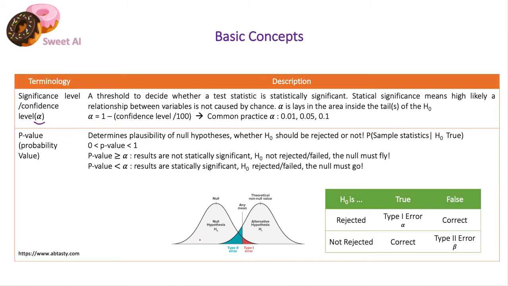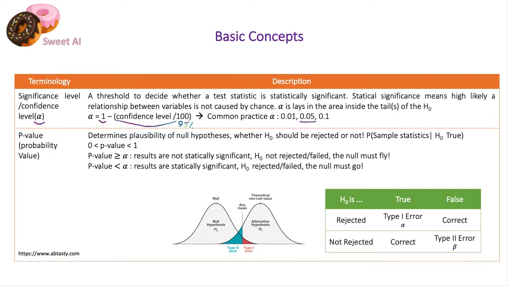So we have 2 tails or 1 tail, and the way that we do that, we say 1 minus the confidence level that we want. Let's say we want 95%. We need to be 95% confident. So 1 minus 95% is going to be 0.05.